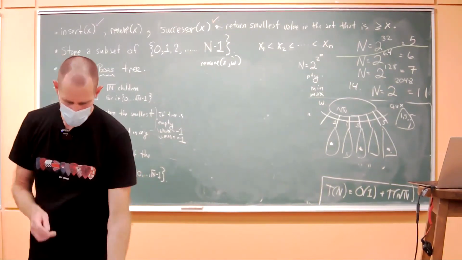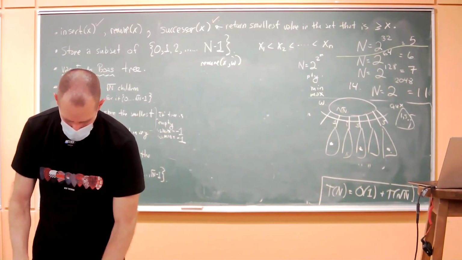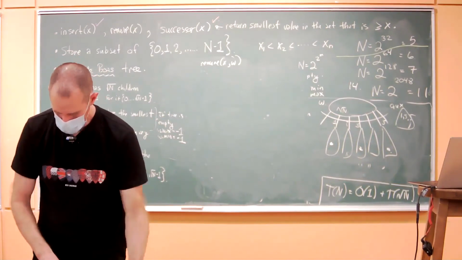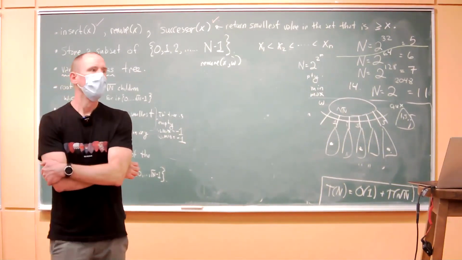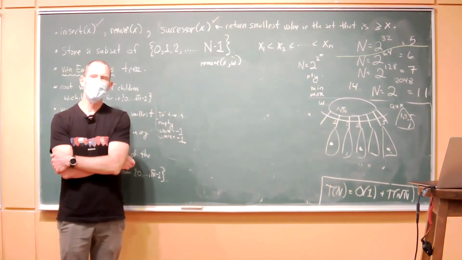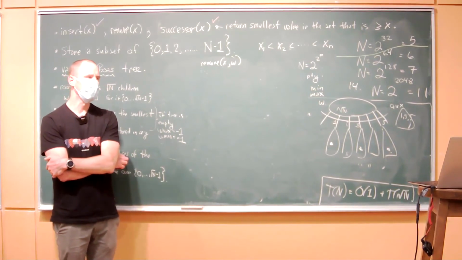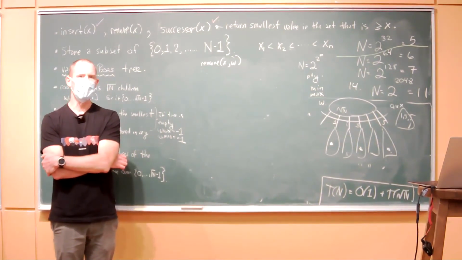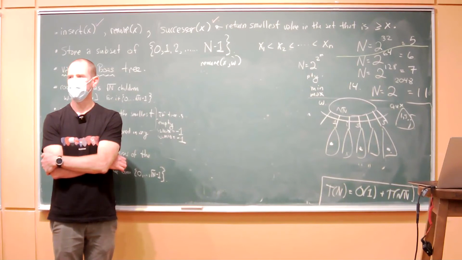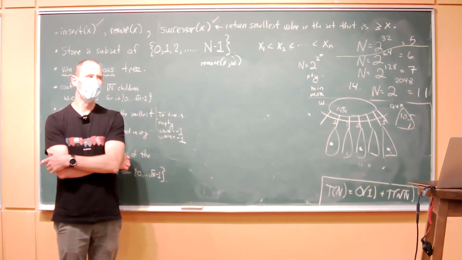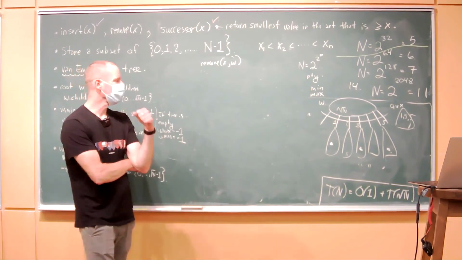Again, let's start with the easy cases. So the easiest case for insertion was inserting into an empty tree. So what's going to be the easiest case for deletion? Deleting the last element from the tree.